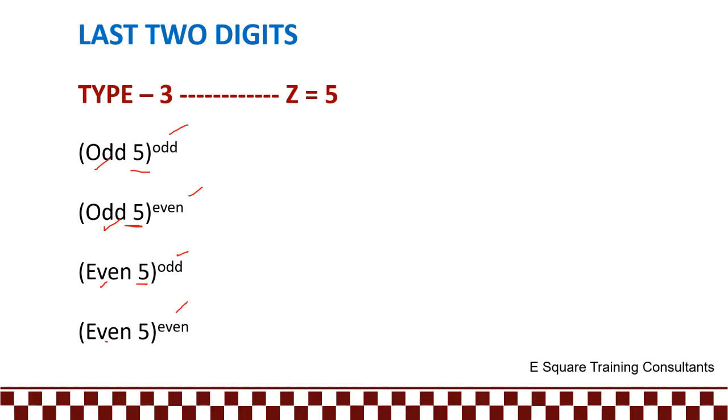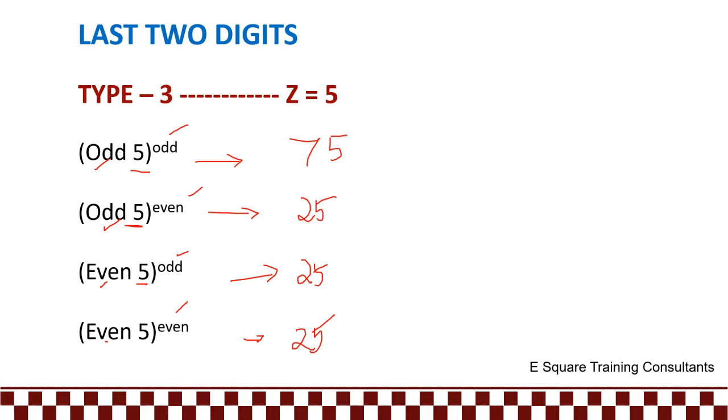Now always remember, whenever you have even in any one of the cases, that is either the last but previous number of your base or the number in the power is even, you will always end up with the last two digits as 25. Only when both the cases are odd, that is the last but previous digit is odd and the number in the power is odd, we will have 75. All the other cases will only have 25.